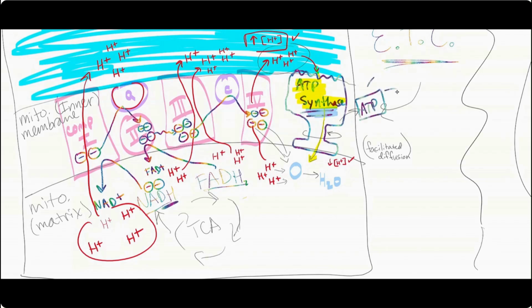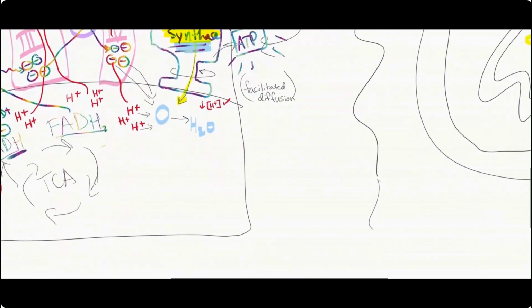Since we got many electron carriers from the citric acid cycle, the electron transport chain happens over and over again. So from this process, we ultimately produce anywhere between 30 to 36 ATP molecules in total.